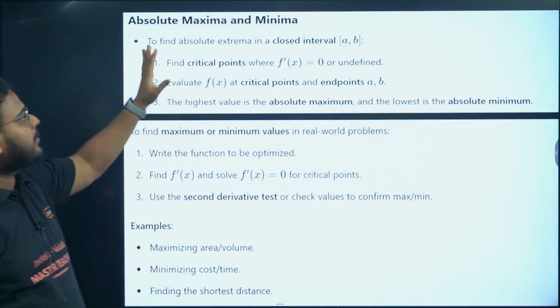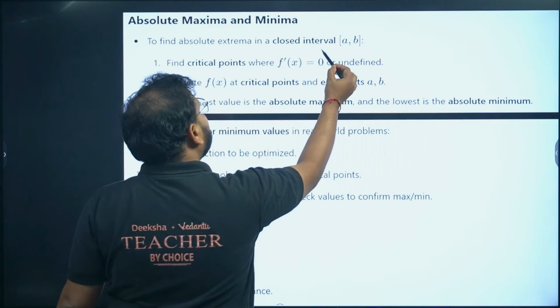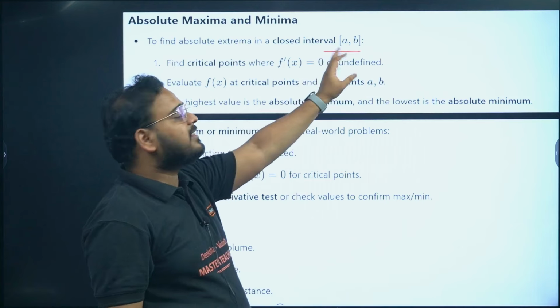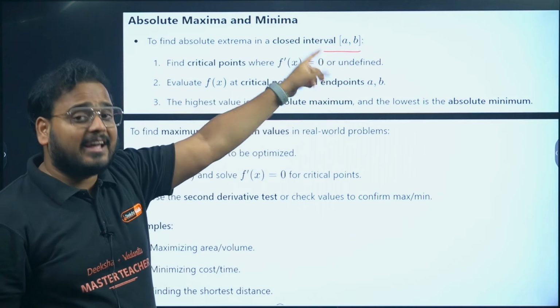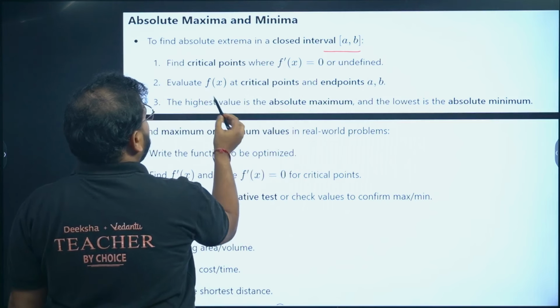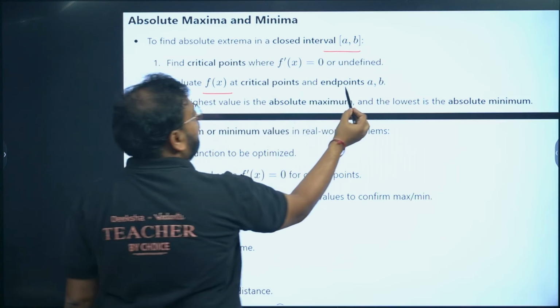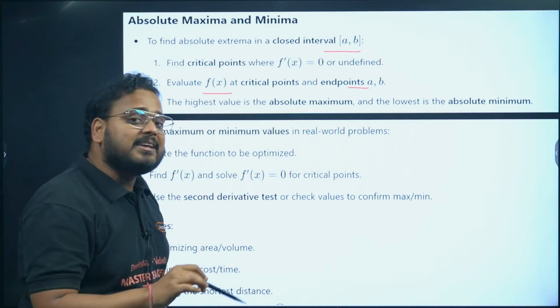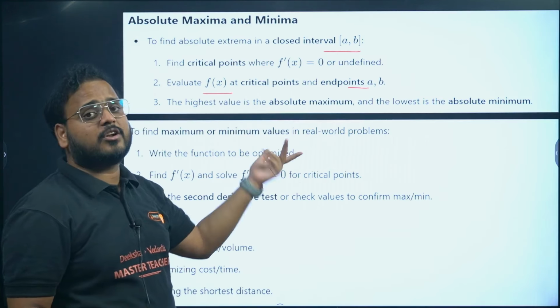Absolute maximum minima will come only if the interval is closed and defined. When the interval is closed and defined, then you have to check the value of the function at A and B as well. So check f(a) and f(b). Basically evaluating f(x) at points A and B, if the function value at the critical point is highest across all these values, then it is called maxima.